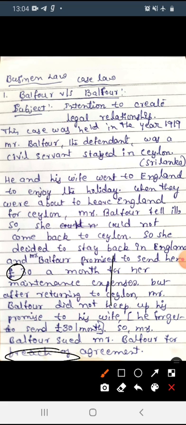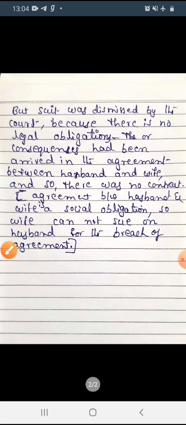But the suit was dismissed by the court, because there is no legal relationship or legal obligations or consequences arising in the agreement between husband and wife, and so there was no contract.